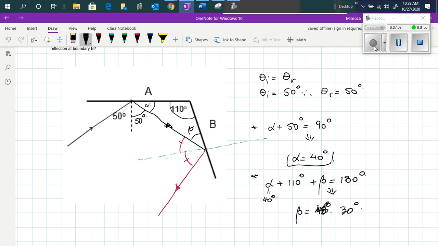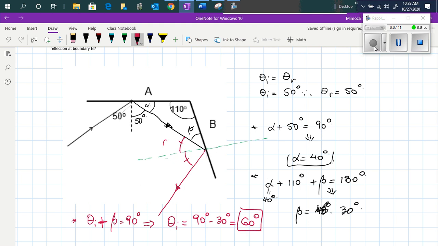Now, the new angle of incident for the wave as it is hitting surface B, using the complementary angle again, is that the angle of incident plus angle beta is equal to 90 degrees. From here, the angle of incident will be equal to 90 minus 30 degrees, which equals 60 degrees.